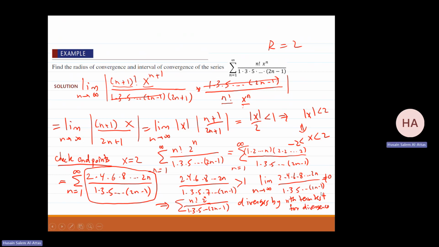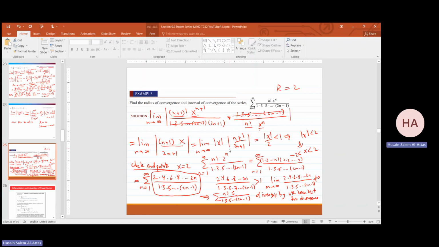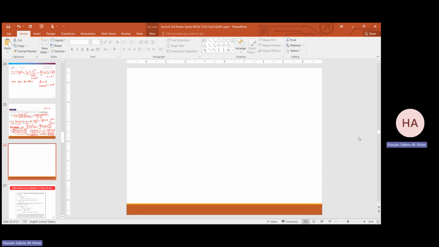I'll take more space just to see the other side, which is the same idea exactly. But just for completeness, let me do the other side.